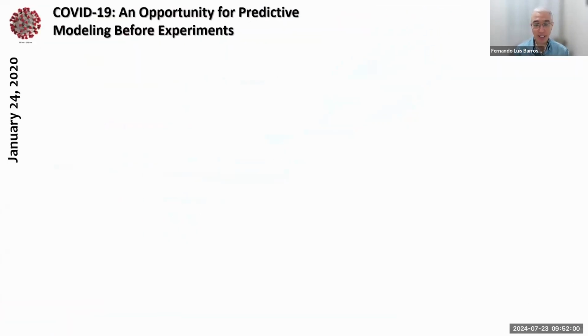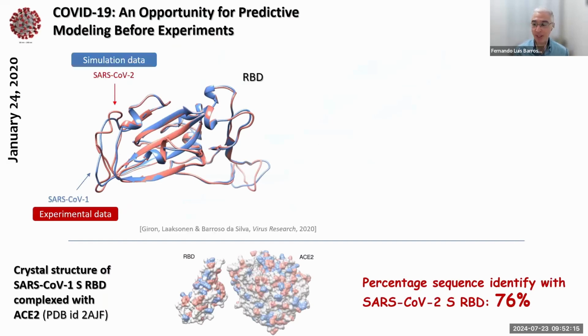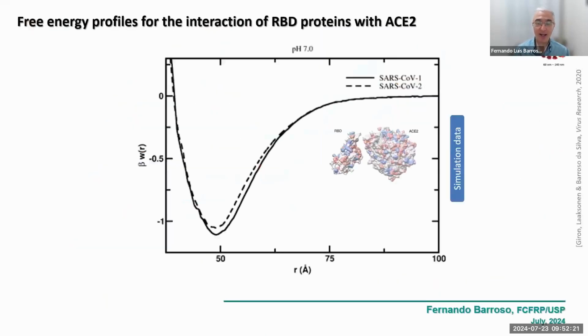We used the available structural information from SARS-CoV-1, and this was before AlphaFold. So we did homology modeling to get a SARS-CoV-2 structure, and used this structure to do a complexation study and demonstrate that indeed SARS-CoV-2 has a receptor binding domain that could bind to the ACE2 receptor.